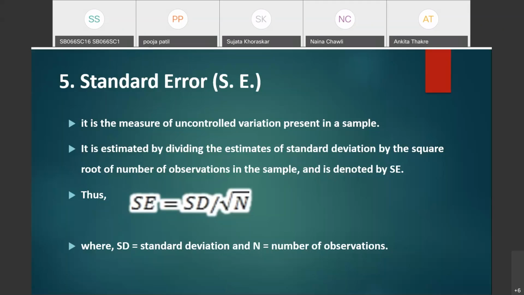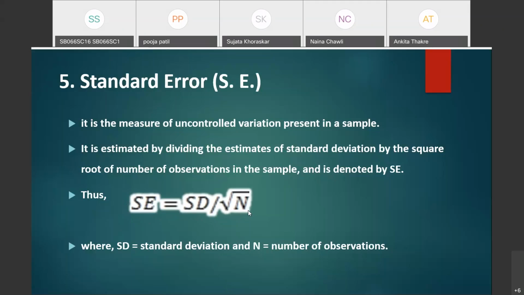Here you can see the standard error is denoted by capital SE, and it is equal to the standard deviation divided by the square root of the number of observations.